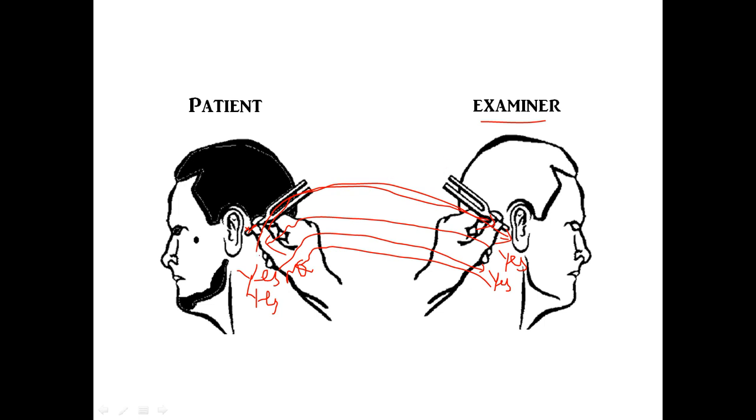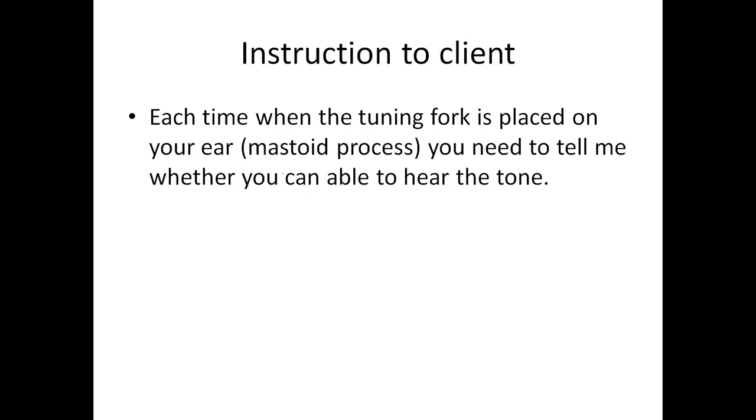If the patient says no and the examiner is able to hear, he will note down the time in seconds that the examiner can hear even after the patient says no. So the instruction will be: each time the tuning fork is placed on your mastoid or placed near your ear, you need to tell me whether you can hear the tone.